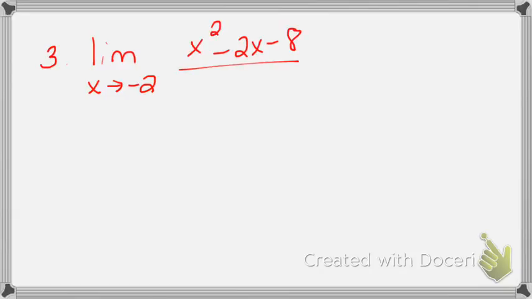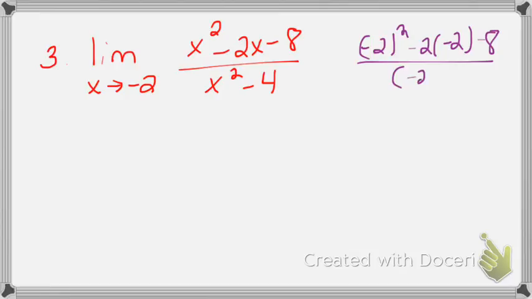Alright, now plugging in doesn't always work. So let's look at this example. If I plug in a -2, then I would have -2 squared minus 2 times -2 minus 8 over -2 squared minus 4.